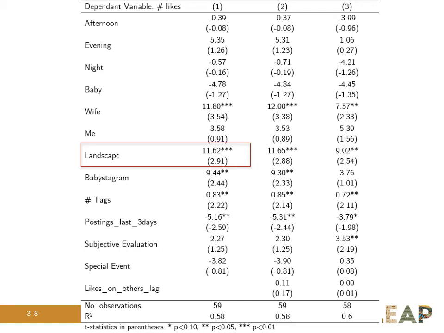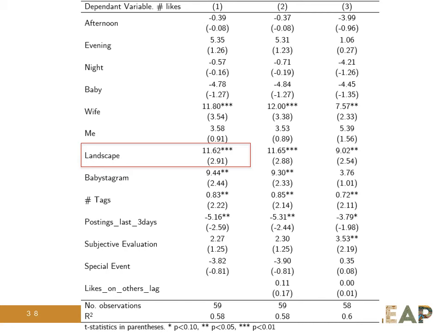It actually is very significant at the 1% level. That means that having landscape in the photos makes the number of likes that I get go up. I think it's because most of my friends are in South Korea, and I post the scenic landscape of South Africa on the gram, and people in South Korea like it.